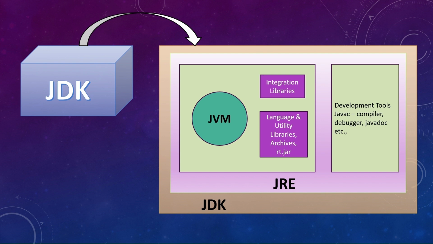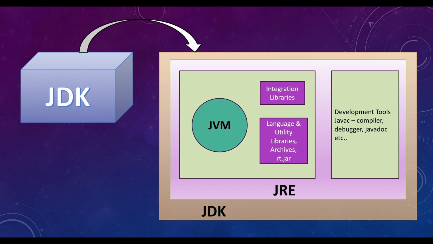Now let's see what JVM is. JVM is the Java Virtual Machine. It is the main component of Java programming. When we execute a Java program, JVM is the one that actually calls the main method. For every Java program, the main method is the entry point where execution starts.